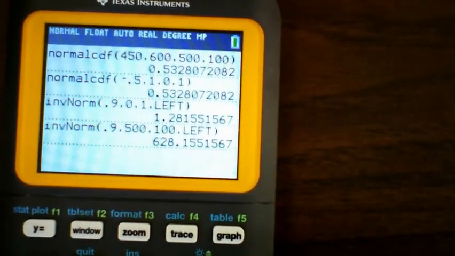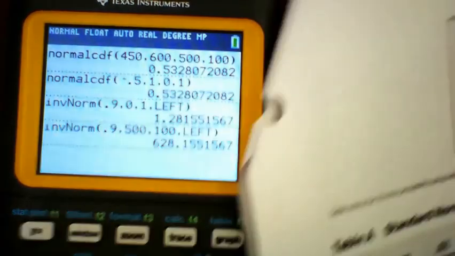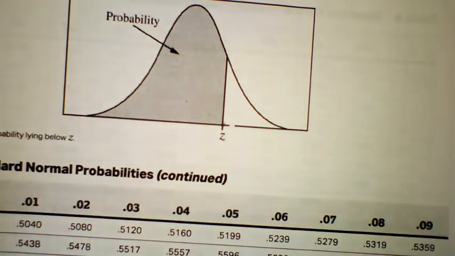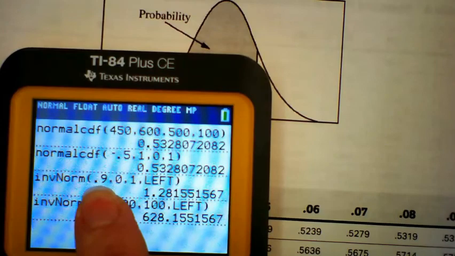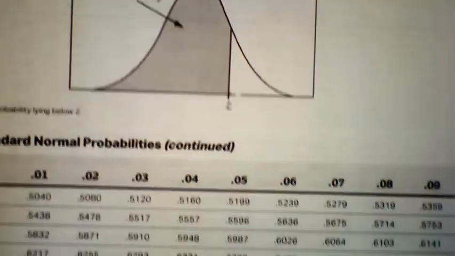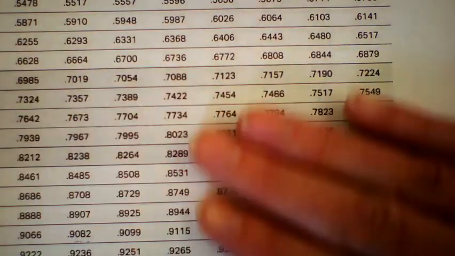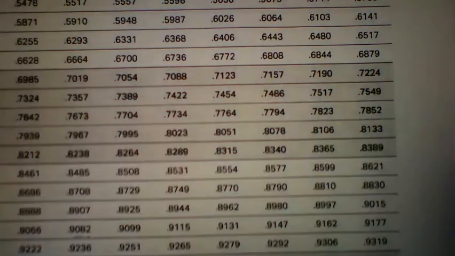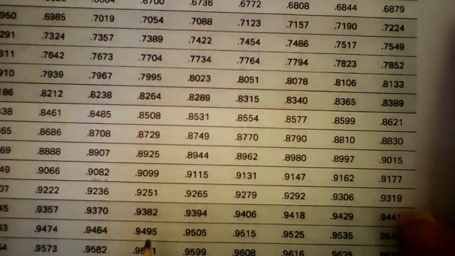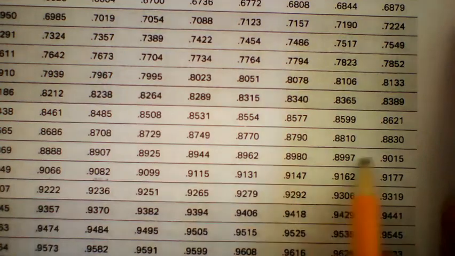So I could write my sentence, but what they would have thought you would have done is you were taking your table, this table right here. And if you're trying to find the inverse for a 90% area, they're expecting you to go into the area section of the table, and looking down in this area section, do you see any numbers that look like 0.9? Right around, let's see here. Oh, here we go.